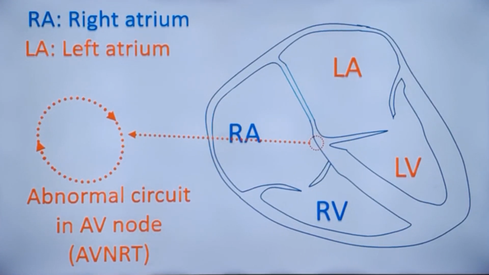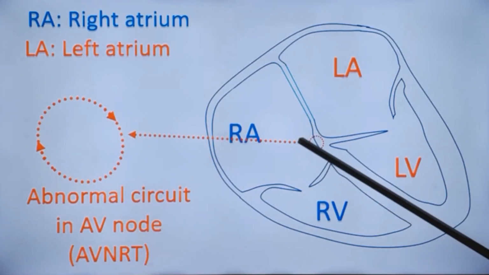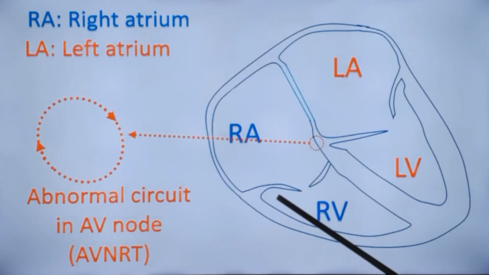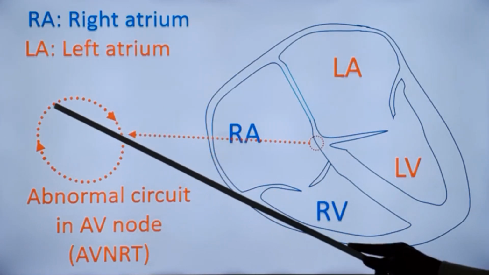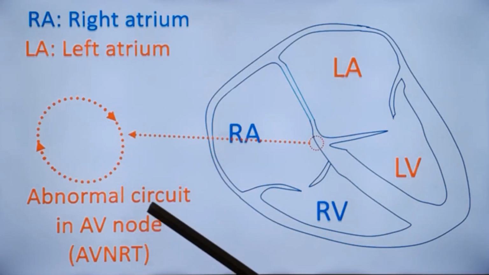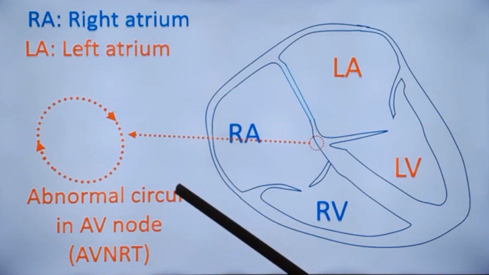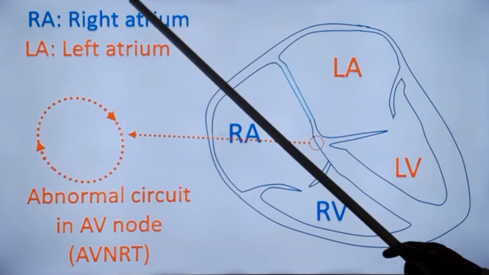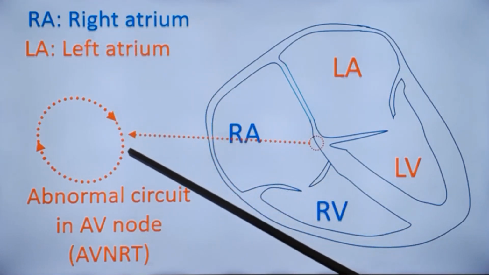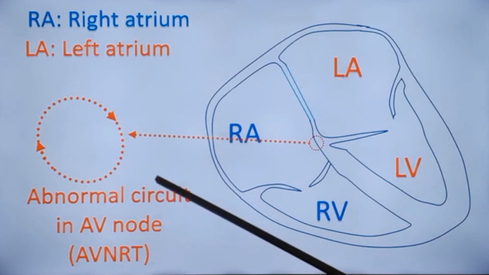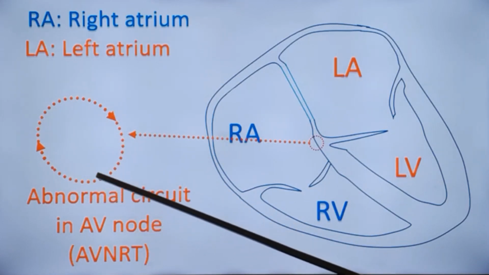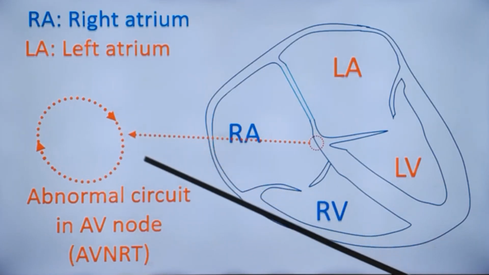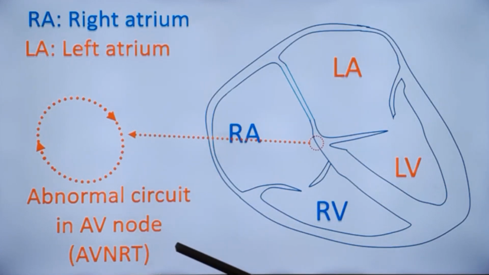Depiction of the basic circuit in atrioventricular nodal re-entrant tachycardia, AVNRT. The circuit is within the AV node when there are two pathways, fast pathway and slow pathway. So this is when there is dual AV nodal physiology. Usual atrial impulse comes down fast into the ventricle through the fast pathway. It also goes through the slow pathway, but it does not manifest because conduction is faster in the fast pathway.